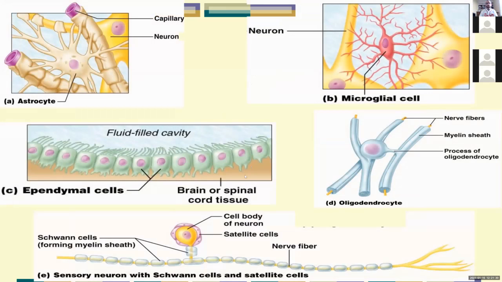So let's look at some of these neuroglia before we finish up talking about nervous tissue. So we have some cells in the nervous system that are responsible for allowing the blood to bring oxygen to neurons and take carbon dioxide away from them. Blood vessels don't touch neurons.